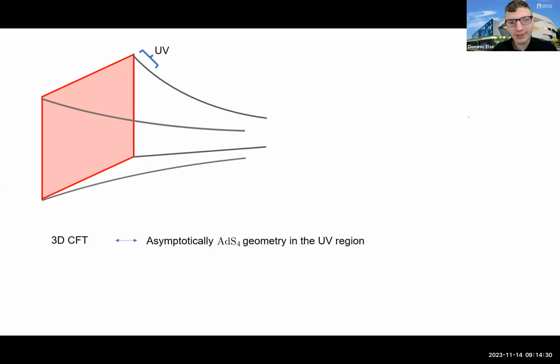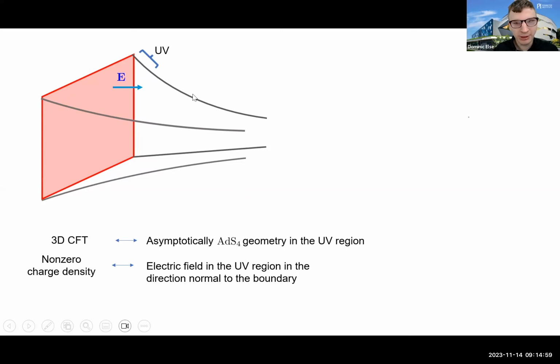And so more precisely in holography, in this talk, I'll always just assume that the metal that we start trying to describe is in 2 space dimensions or 3 space-time dimensions. So then the dual geometry will be in 3+1 space-time dimensions. So if we start with a 3D CFT, we know that it's dual to some AdS4 geometry.